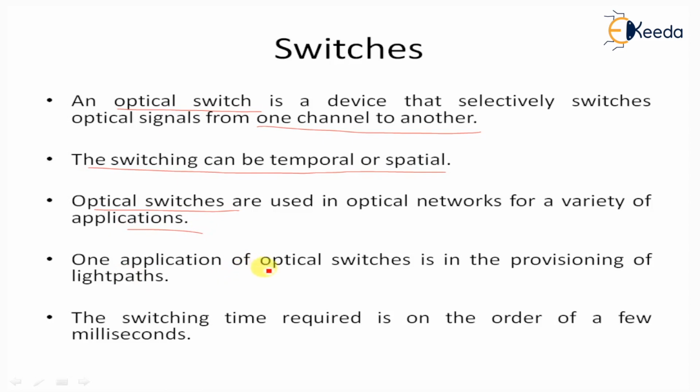One application of optical switches is the provisioning of a light path from one channel to another channel. The switching time required is on the order of a few milliseconds, according to the type of switch. An optical switch may operate by mechanical means, such as physically shifting an optical fiber to drive one or more alternative fibers.